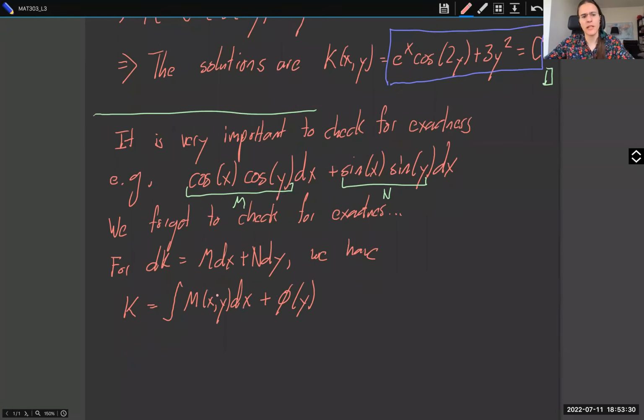So this is the formula that we go to at the start for all of these exact integral calculations.